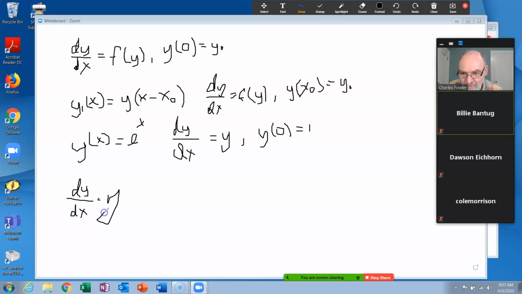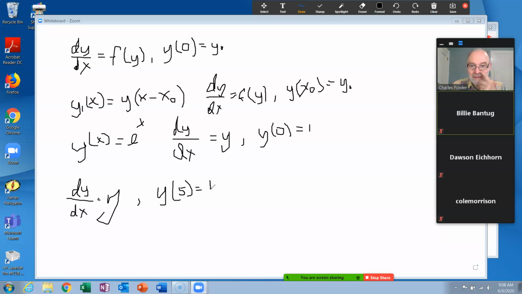Oh, goodness, ugly y. These came out all right, but the y sure didn't. But a different initial condition: y at 5 is equal to 1. Okay?